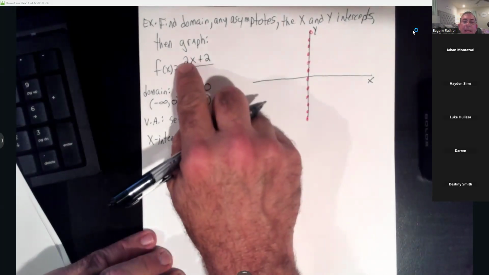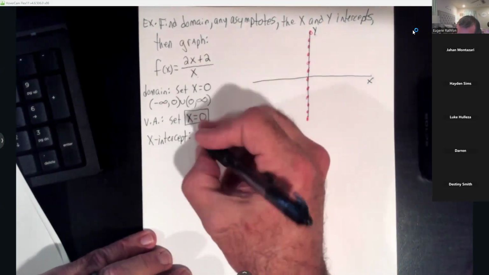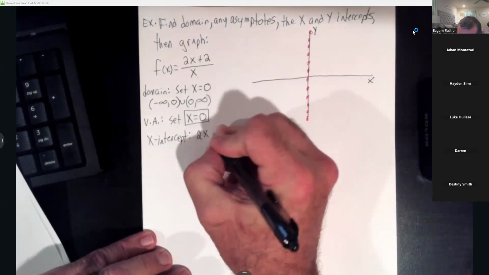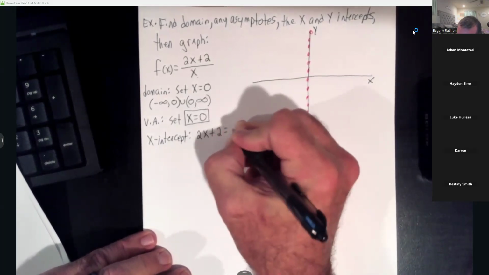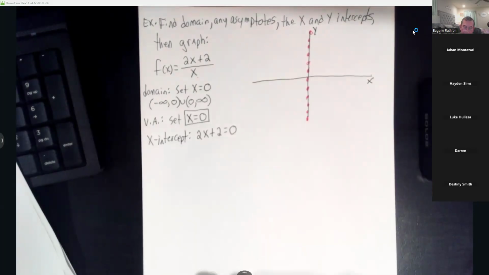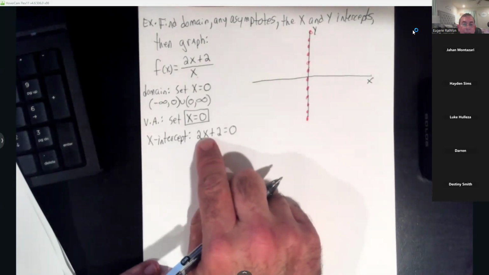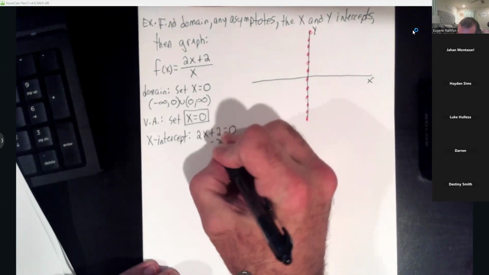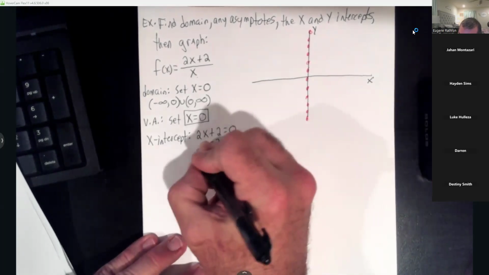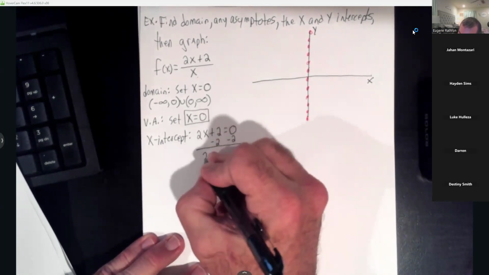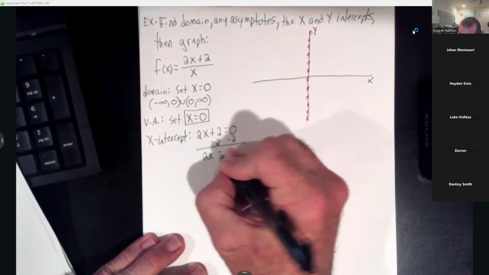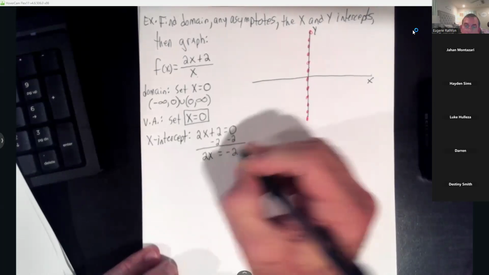The x-intercept I found by setting the top equal to 0, and then I'm going to solve that for x. So I would subtract 2, I get 2x, that cancels. That's going to equal negative 2.